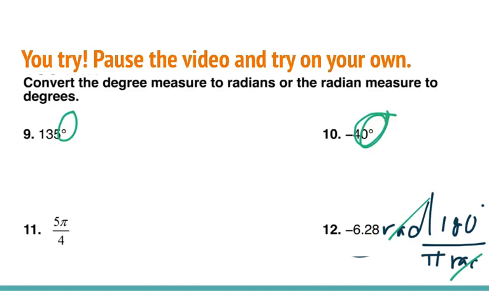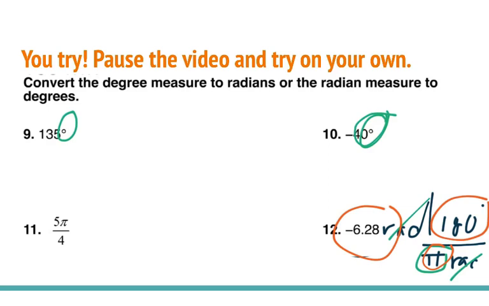Now, since there's no pi in this problem to begin with, this pi down here cannot cancel with anything. So this one, we are just going to have to multiply all the numbers we see. On your calculator, type in negative 6.28 times 180. When I type that in, I'm getting negative 1130.4, and then you're going to divide it by pi.